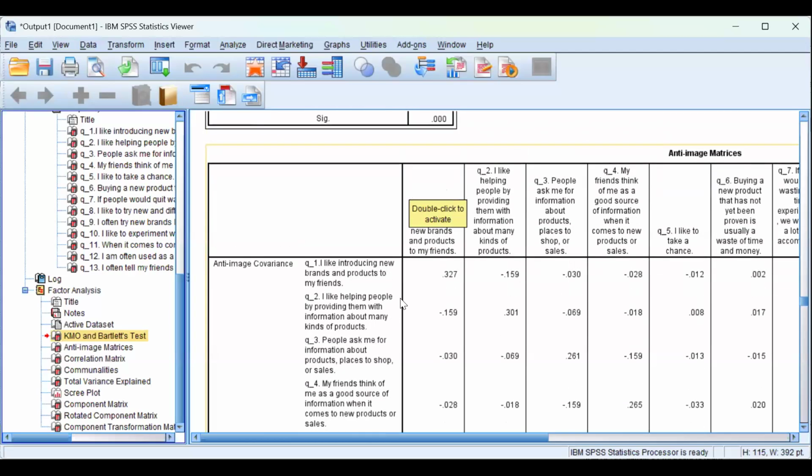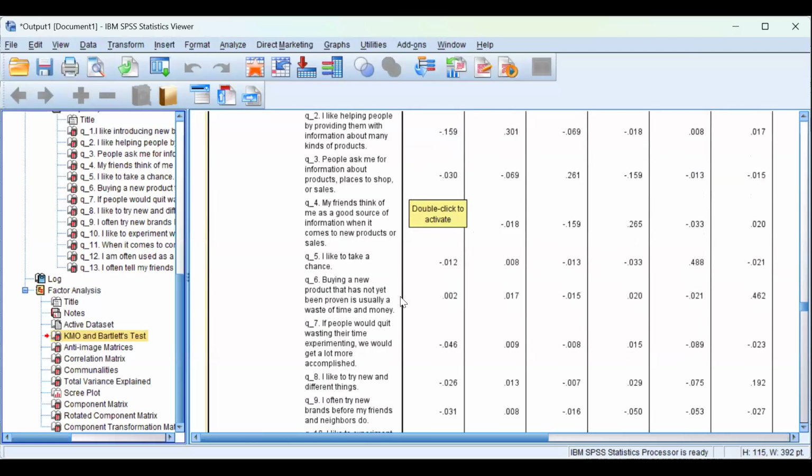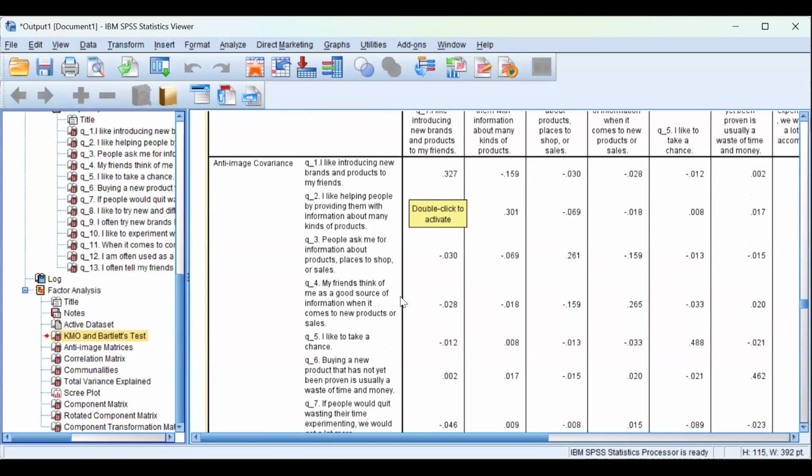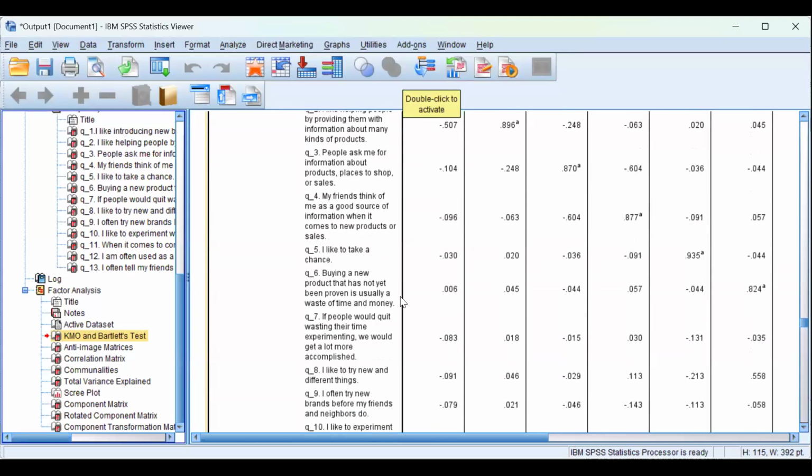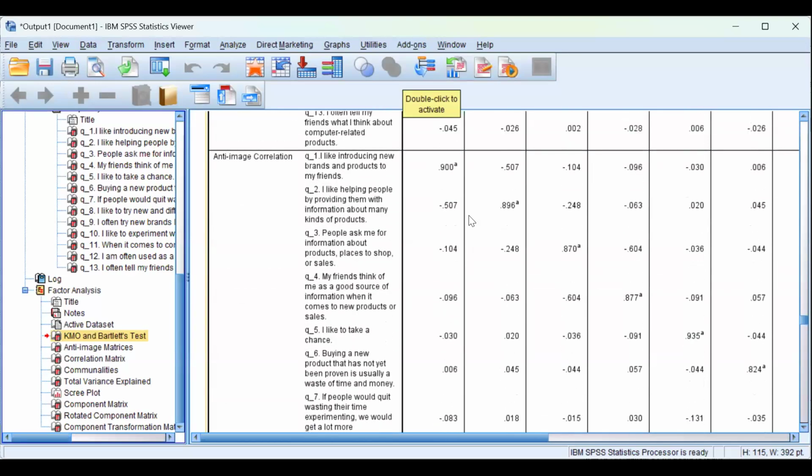Now, if you look at this anti-image covariance, if you remember, there were two things, covariance and correlation. And we wanted to check the correlation anti-image, right? So here, you need to check these diagonal values, which you can see here.